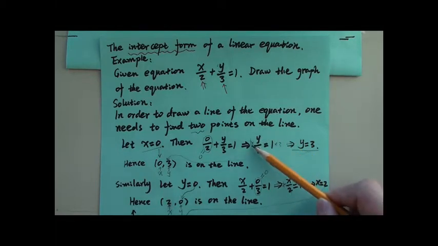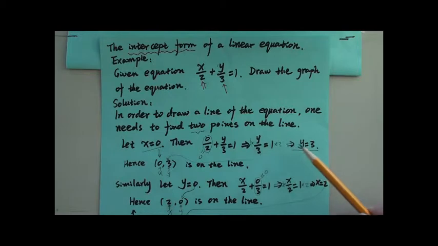Both sides times 3. These 3s cancel each other. So the left hand side is just y, and the right hand side is 1 times 3, which gives us 3. Then we know when x is 0, y is 3.